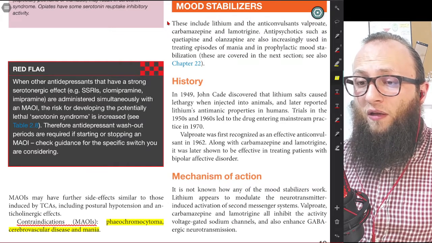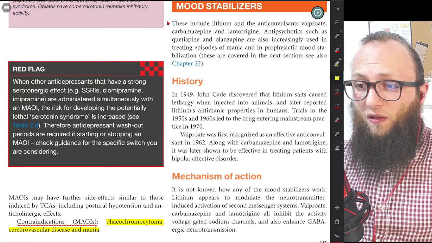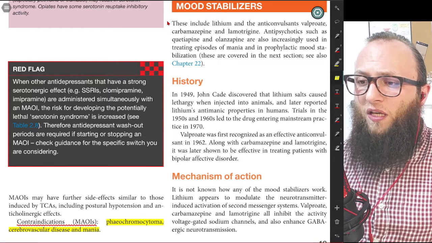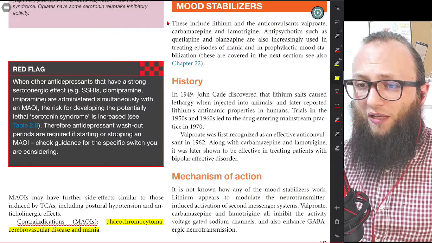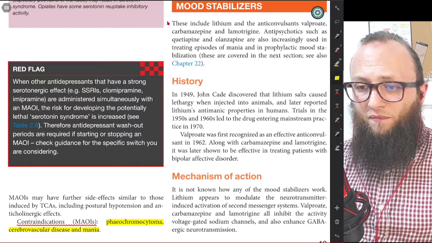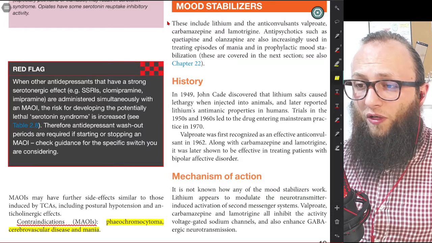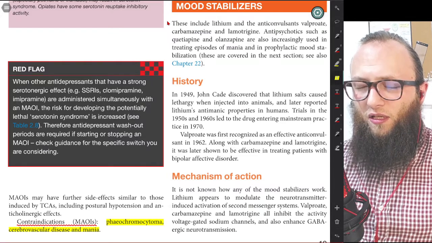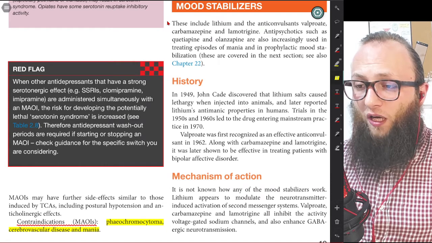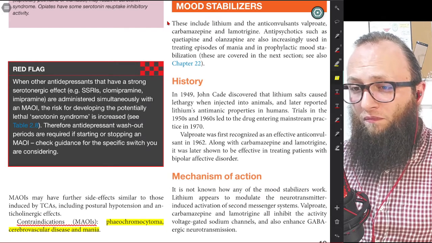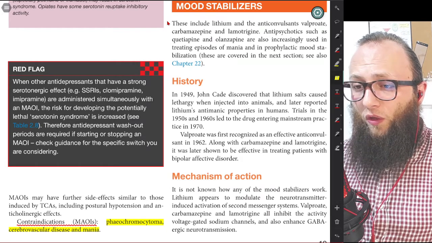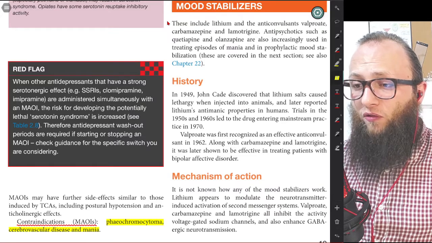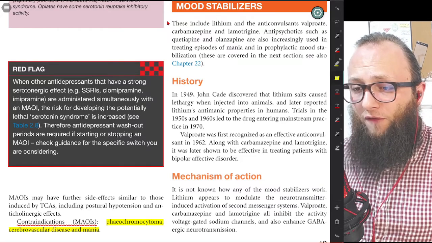Trials in the 1950s and 1960s led to the drug entering mainstream practice in 1970. Valproate was first recognized as an effective anticonvulsant in 1962, along with carbamazepine and lamotrigine. It was shown to be effective in treating patients with bipolar affective disorder.